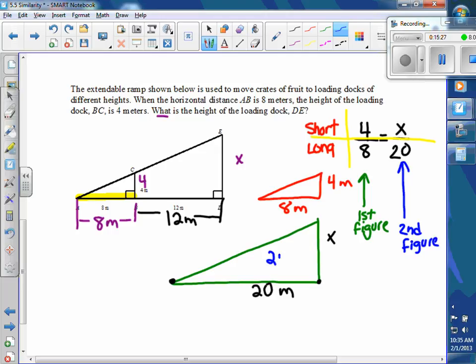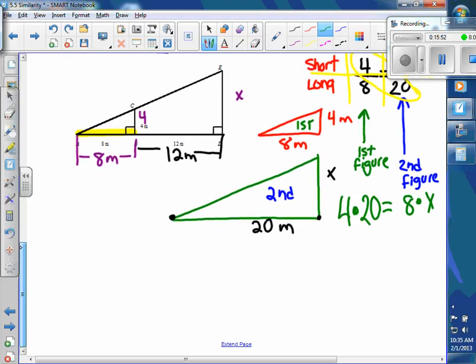So you're going to set up ratio proportion, multiply, you get 4 times 20 is equal to 8 times x. Solve for x, divide by 8.